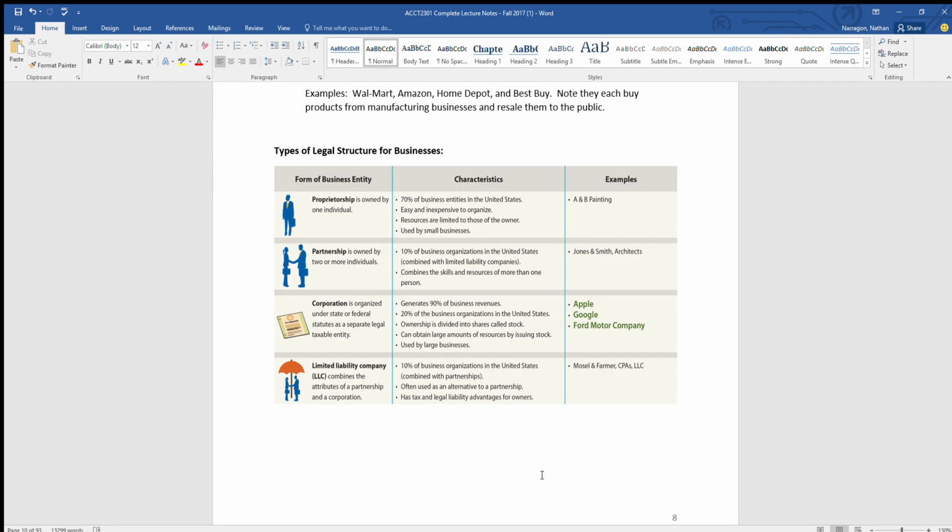Mostly it's also a lot of professional businesses, lawyers, accountants, stuff like that. They tend to be more partnerships. And so, it's 10% of the business organizations in the United States, and that 10% is combined with something that you see at the bottom, limited liability companies.